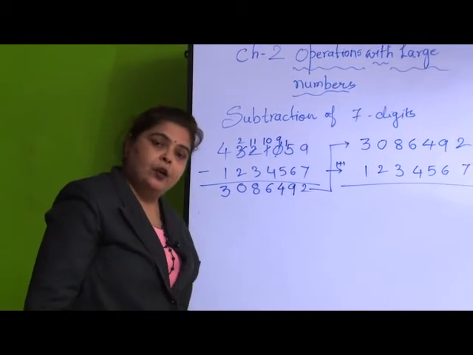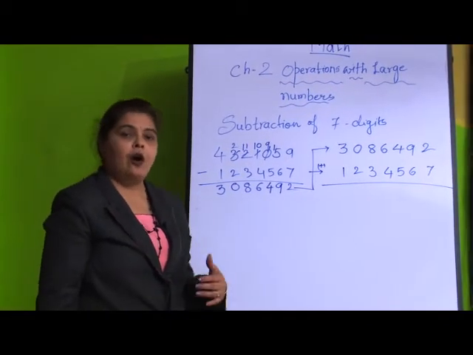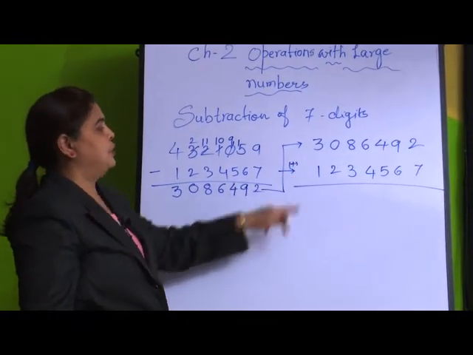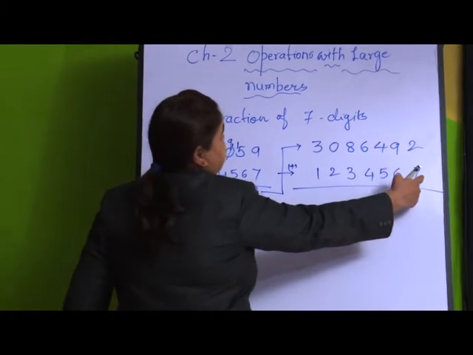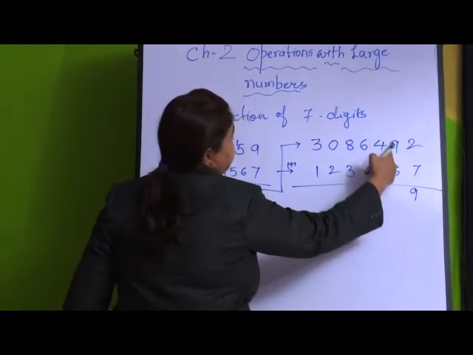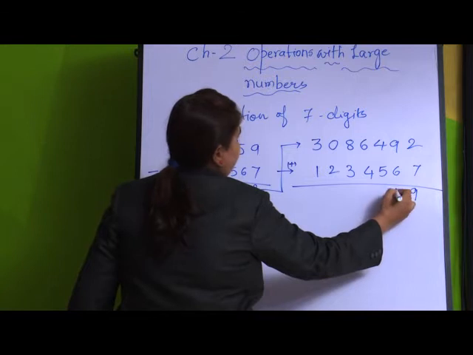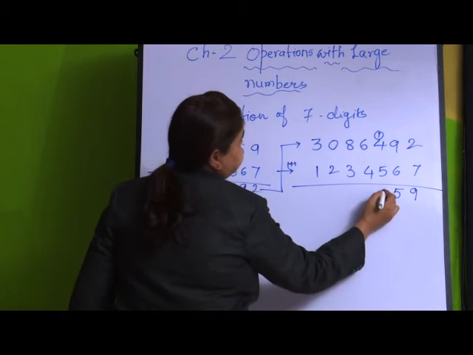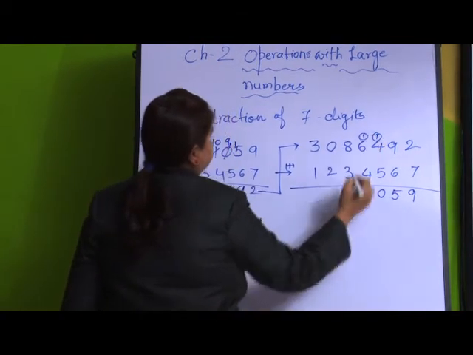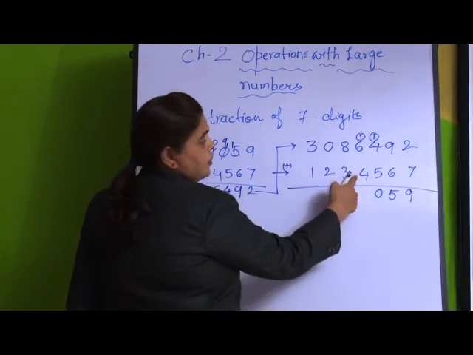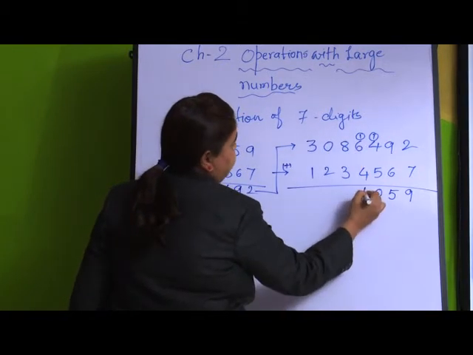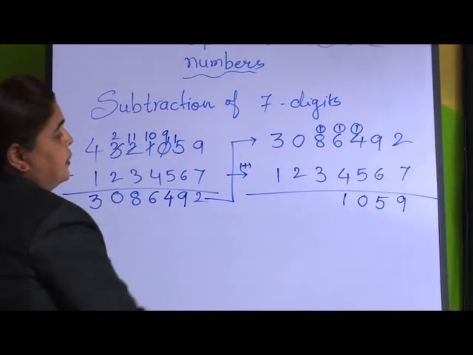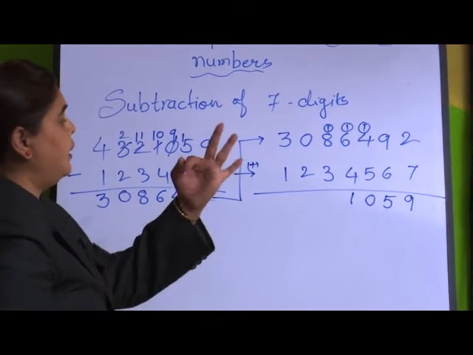Now I have to check whether I am correct or got a wrong answer by checking with addition. So I will count: 7 plus 2 is 9, 9 plus 6 is 15, 1 carry, 5 plus 5 is 10, 1 carry, 6 plus 4 is 10 plus 1 carried is 11, 1 carry, 8 plus 1 is 9, 9 plus 3 is 12.